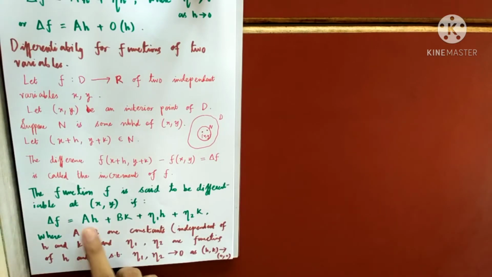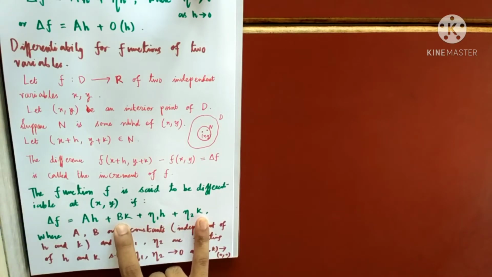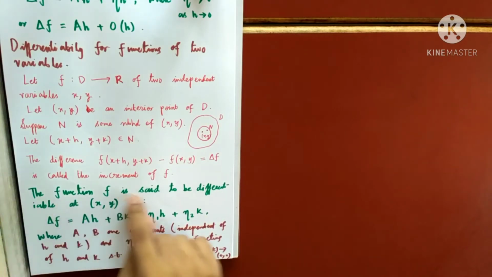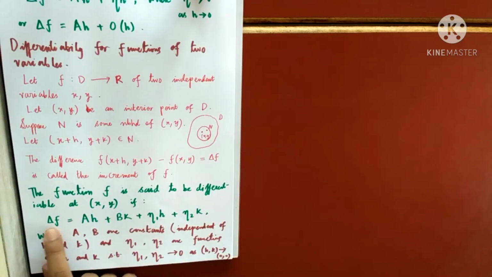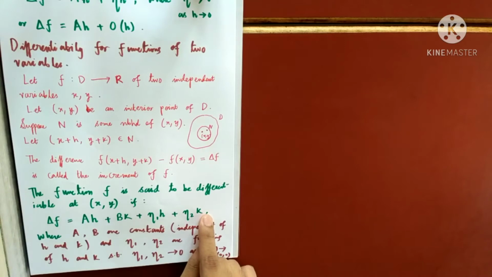So there we had ah plus eta h only, but we are taking k into consideration again, right? So the function is said to be differentiable at x comma y if the increment can be expressed in this form, where a and b are constants independent of h and k, and eta 1 comma eta 2 are functions of h and k, such that they both go to 0 as h comma k tends to 0 comma 0.